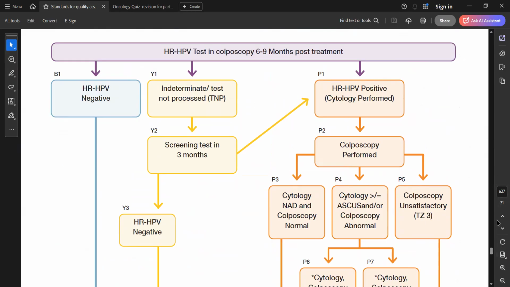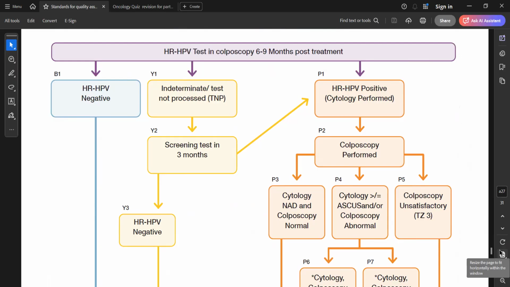What does ASCUS mean? Actually, ASCUS is a cytology result which means that this woman is having an abnormality, but it's not severe enough to be labeled as CIN. It's not normal enough that I can say this is normal or physiological changes. So it's a gray area.